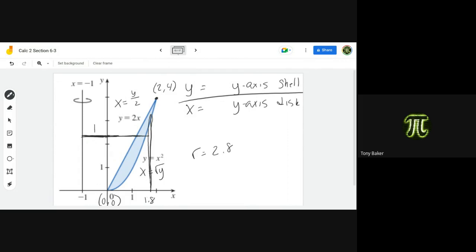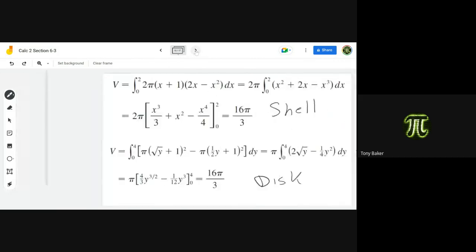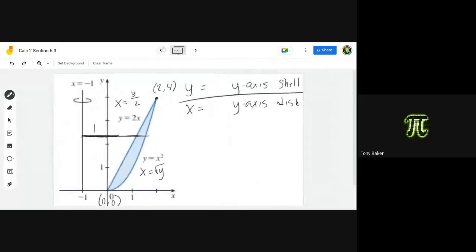Another question. Sure. I don't understand why the height is 2x minus x squared. Your height is this piece here. But remember, in essence, that minus that, which is why it's 2x minus x squared.